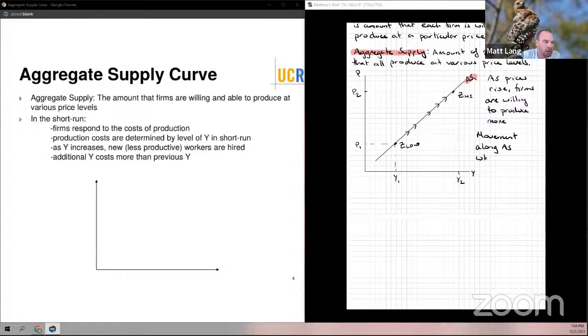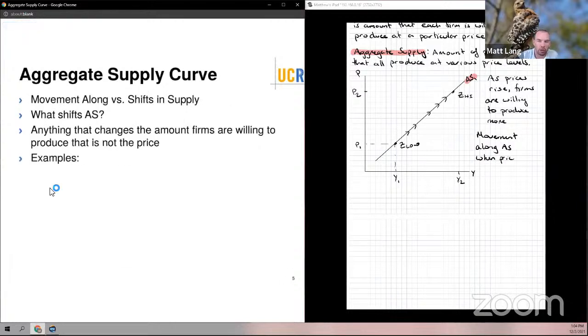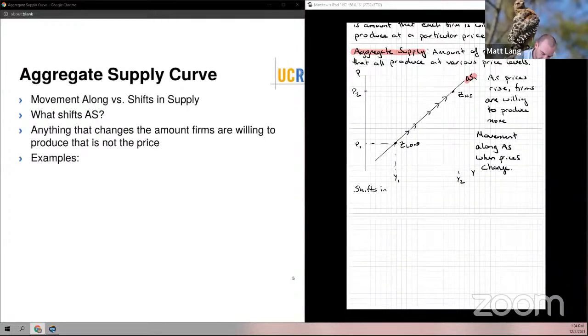Okay, so again, you can kind of guess where this is headed, right? What's actually going to shift this curve? We can move along the curve by changing the price, but what's going to shift our AS curve? Now, I'm not going to ask you guys a question about this just for time's sake, but if we were in person, you'd be kind of yelling out loud.